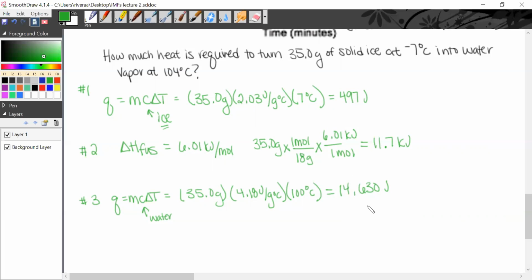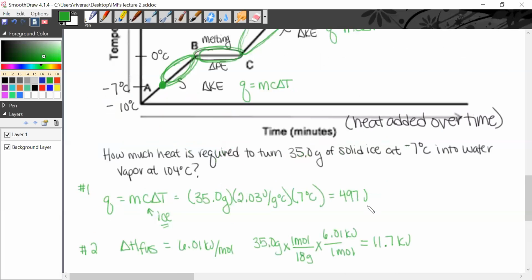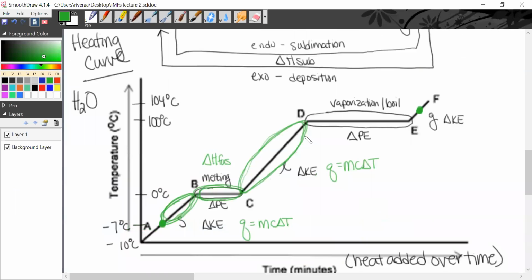Okay, so that's the total amount of heat needed to get your liquid all the way warmed up to the 100 degrees Celsius where we're going to have phase change again. So if we go back up to our diagram here, no delta T, but we're still adding heat, right? There is heat being added. What is that heat being used for?